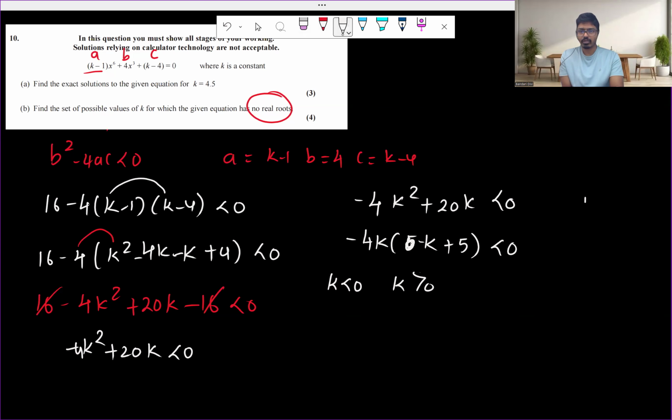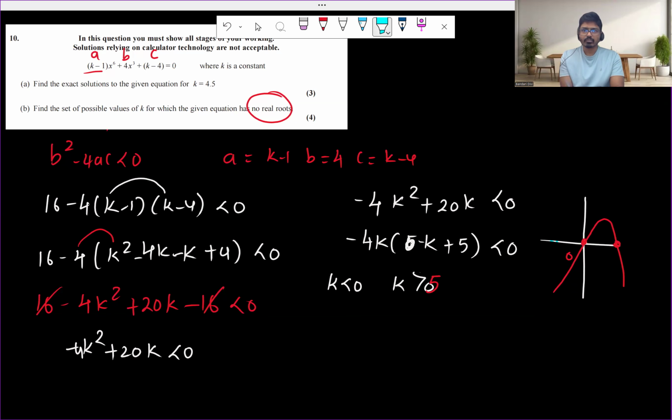If I plot in the graph, one of our k values is very clearly 0, and another value is greater than 5, which is going to be here. So our quadratic would look something like this, and then we find the particular region where it is required.